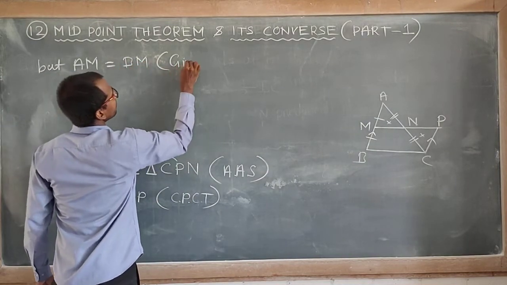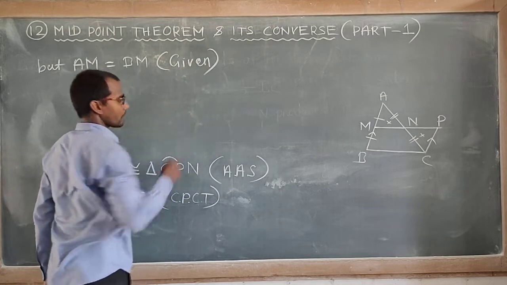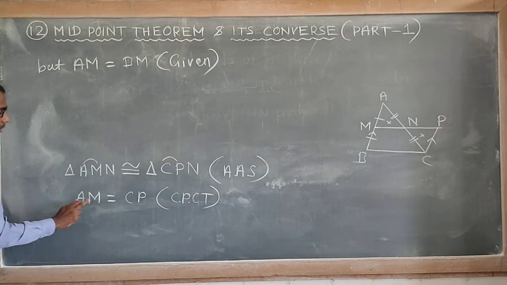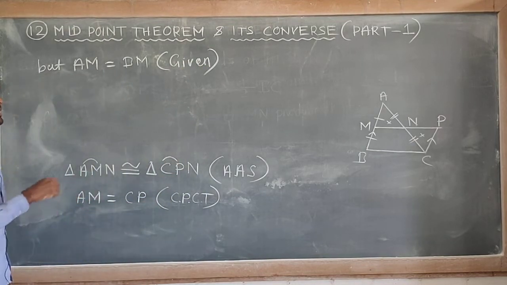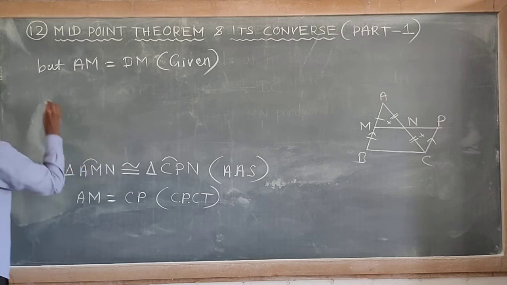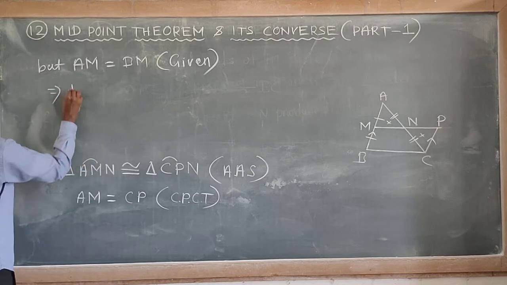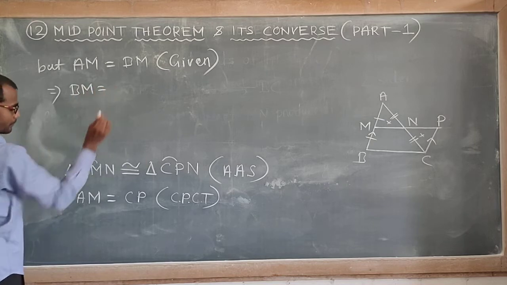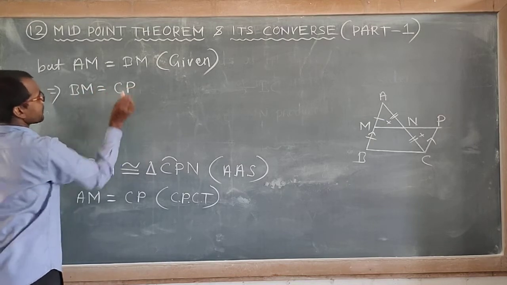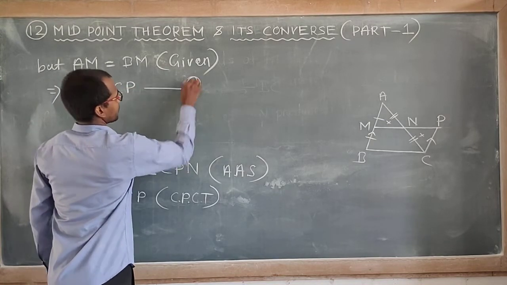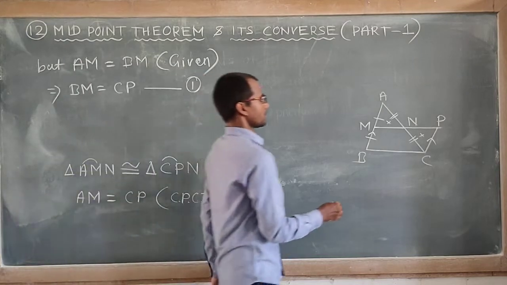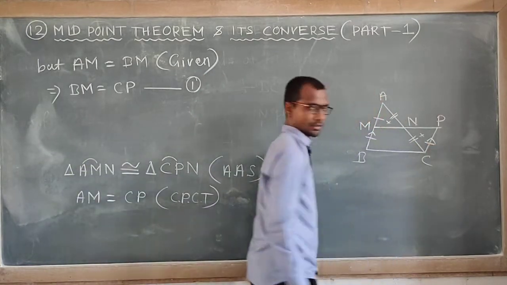So AM is equal to CP. Again AM is equal to BM. So we can say BM is equal to CP. Let it be equation 1. So we got BM is equal to CP.